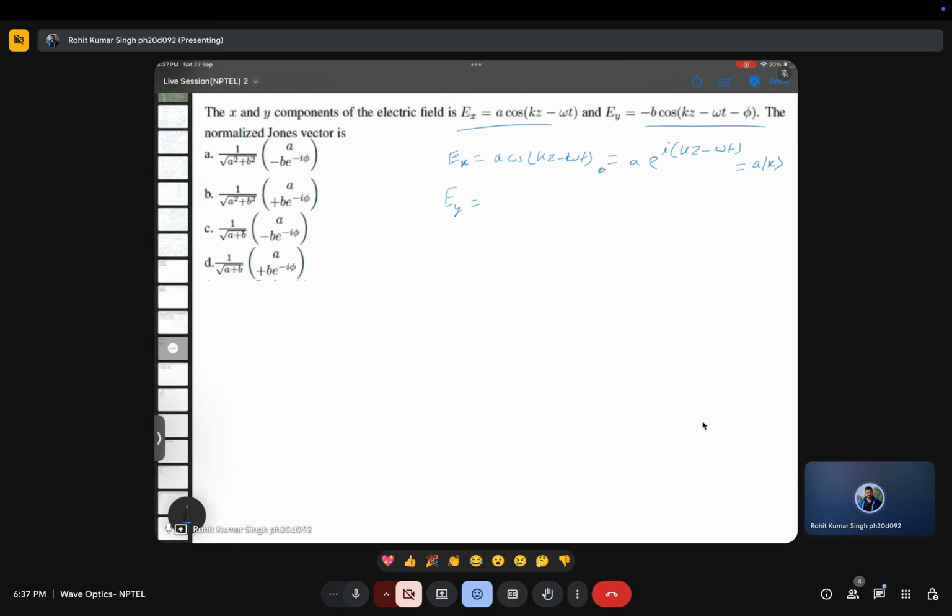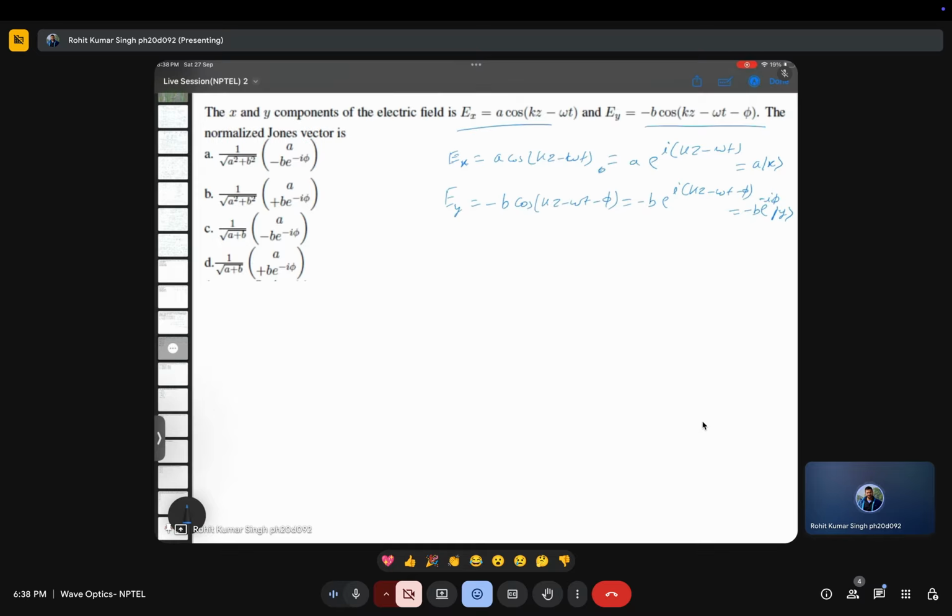And then we have Ey, which is minus b cos kz minus omega t minus phi, which we can write as minus b, so let's take the e to the power minus I phi, and you have ket y, right? So this is the advantage of writing these in terms of ket x and ket y.